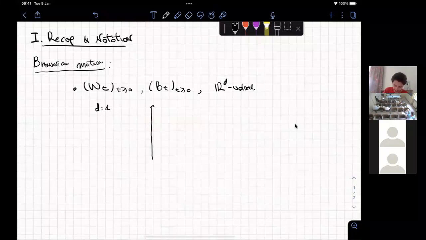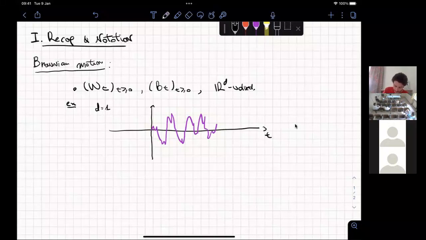Here we work in dimension 1, for instance, and here we have the trajectory of a Brownian motion, something like this. Here you have the time, here you have R, and this is W_t, because it's a function, and since it is stochastic, it depends on omega.